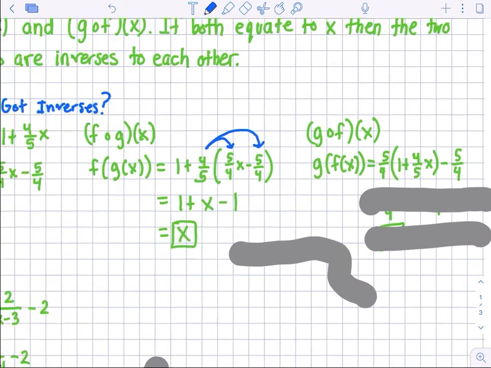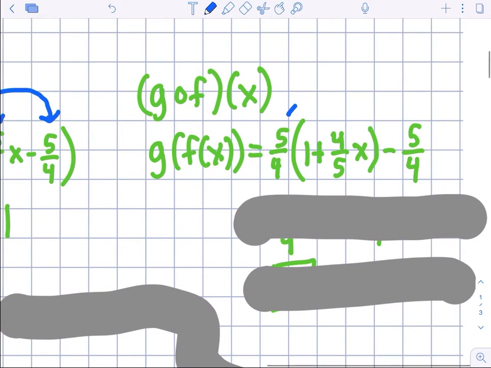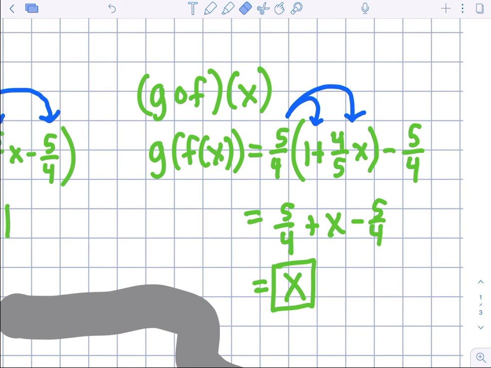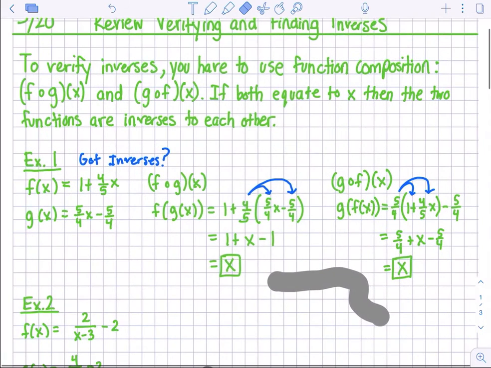We have to distribute the 5/4 to here. 5/4 times 1 is 5/4. 5/4 times 4/5, they cancel, which only gives you an x. 5/4 minus 5/4 will just give you zero. So are these inverses? Yeah, they are.